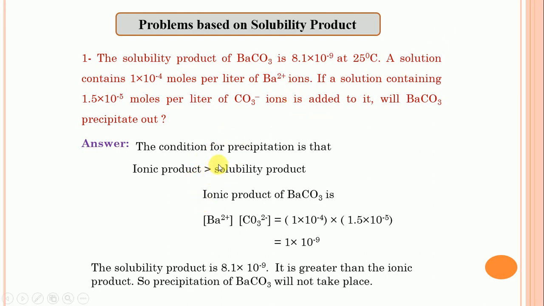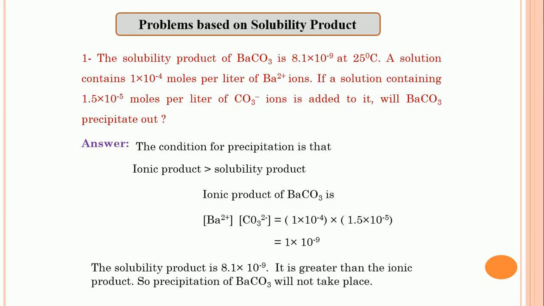So this condition is not fulfilled, and due to that precipitation does not occur, and therefore the barium carbonate will not be precipitated out, because the ionic product value is less as compared to the solubility product. So this is about the conditions, and this is the first numerical.